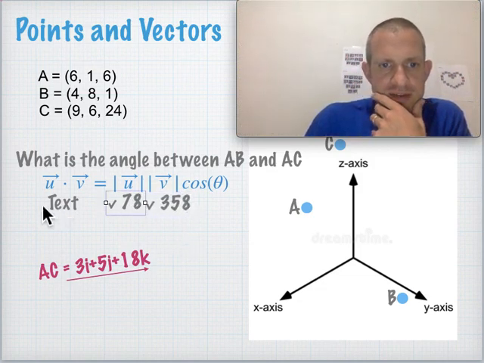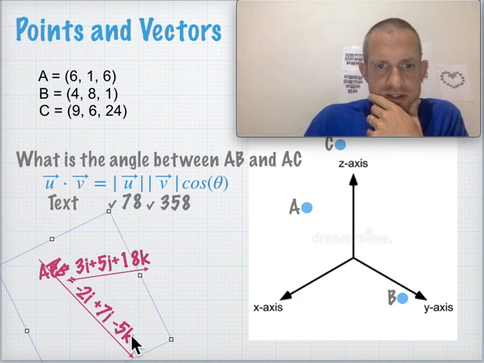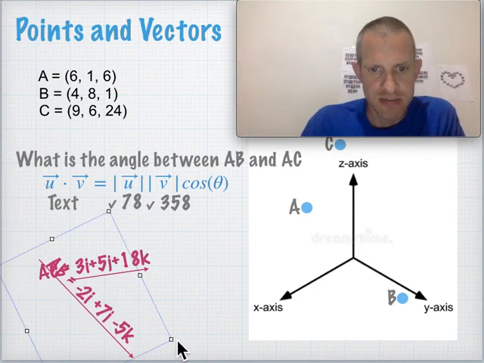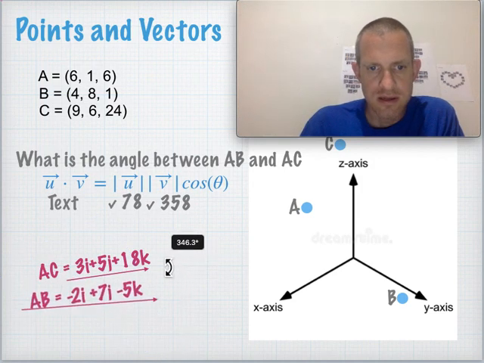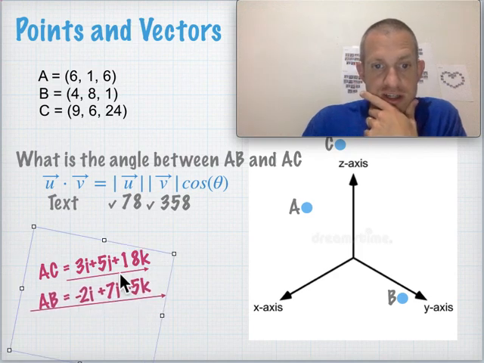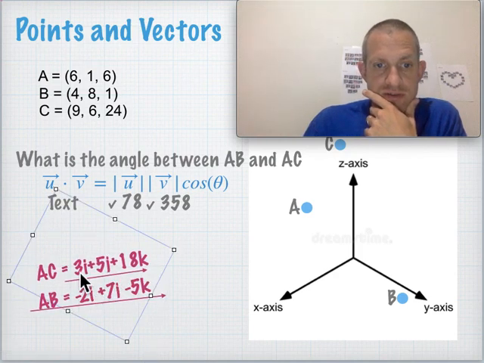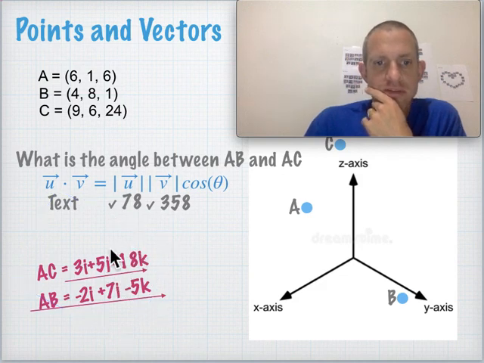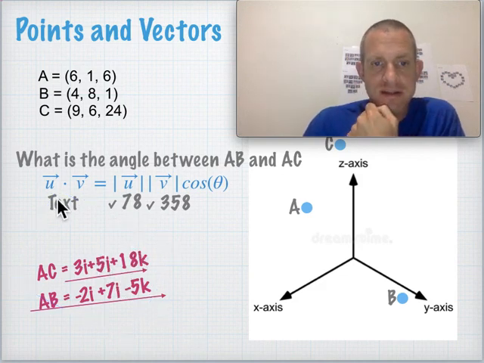And now I need to find the dot product of these two. How do we find a dot product again? That is the sum of the products of each of these terms. If we multiply the i's and the j's and the k's together and then add them all up, that is the dot product.